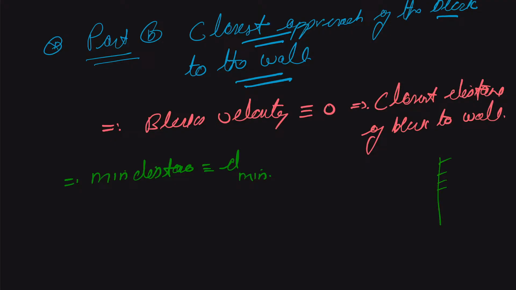So if this is the wall and a ball is traveling, suppose, with velocity v, then after striking it will return with the same velocity v in the opposite direction. For the sake of that, we can just put it as minus v. The magnitude will be the same, only the direction will be reversed. So we have to keep this in mind. And total mechanical energy is conserved.